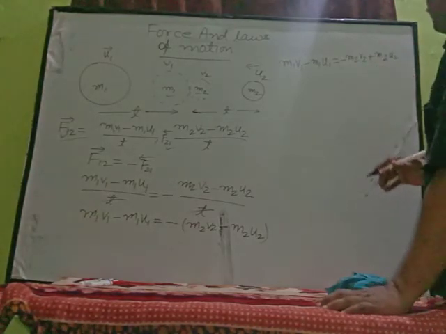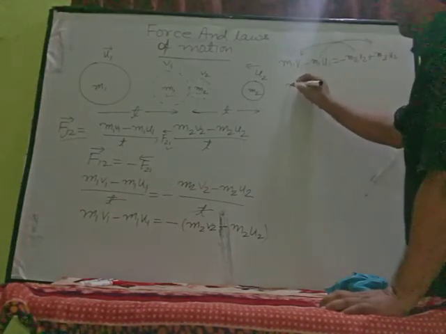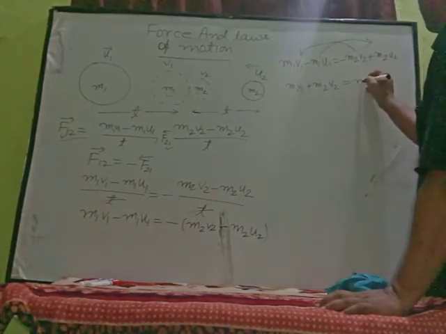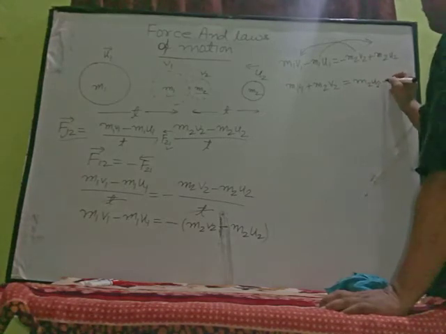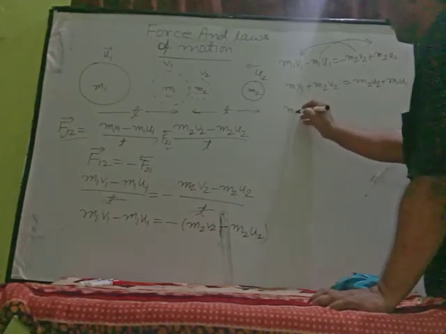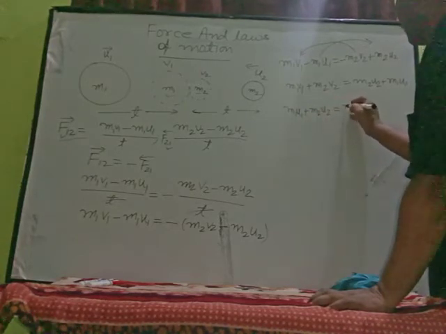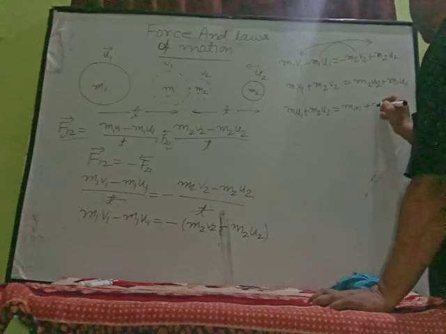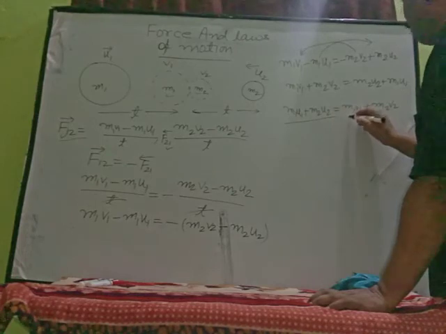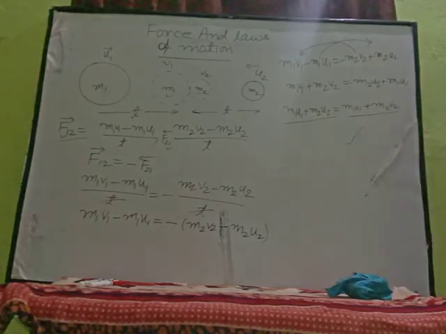All terms you have to make plus. Bring this here and this here. So M1 V1 plus M2 V2 equals M2 U2 plus M1 U1. Overall, M1 U1 plus M2 U2 is equal to M1 V1 plus M2 V2. Total momentum before collision is equal to total momentum after collision. Clear?